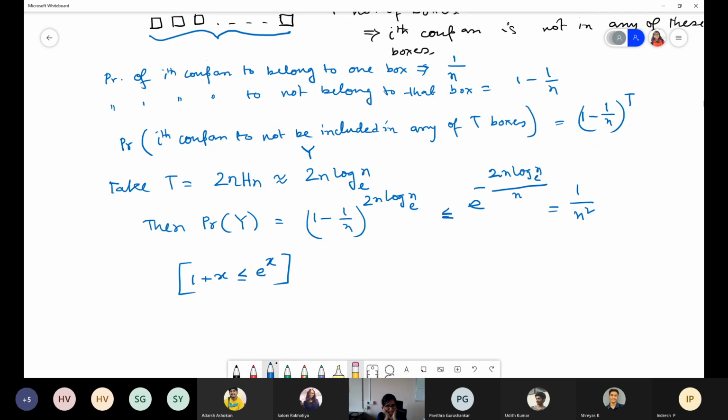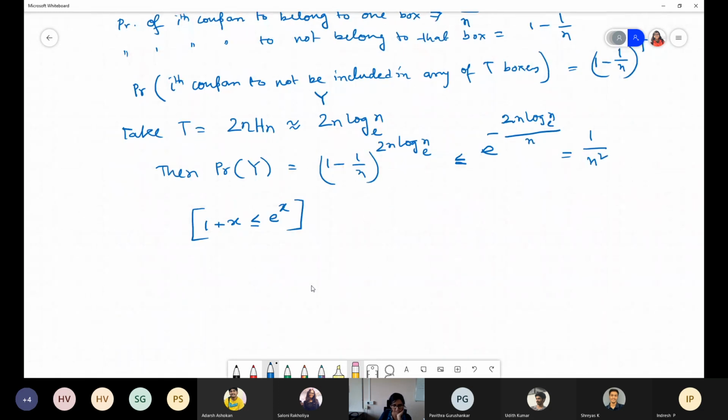We have n distinct coupons. I have considered only one coupon. So for each of the coupons, a similar kind of activity is going to happen. So if I take the union bound, what will I get? We have n coupons, that means n distinct individual events.